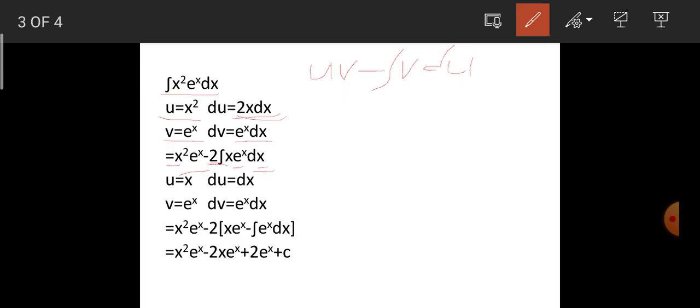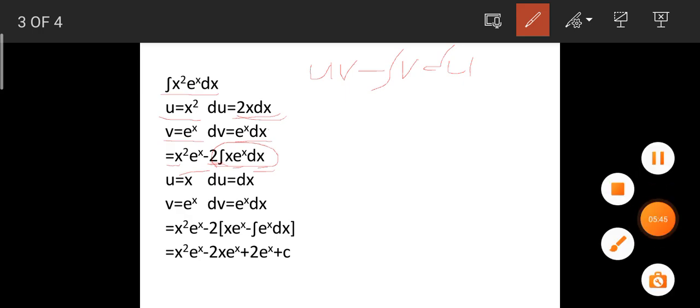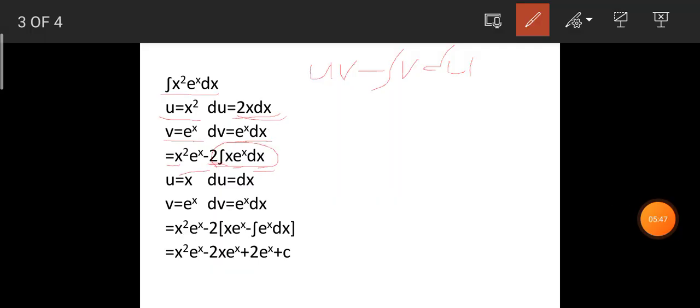Since our answer has two functions, which are x and e to the power of x, we can use again the formula for finding the integral using integration by parts.